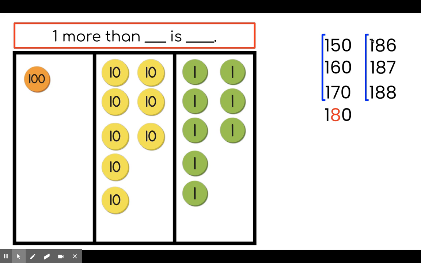You may have noticed that they all have one group of 100, and they all have 8 groups of 10. But the ones are changing each time we add a 1 place value disc. It increases or grows by 1, 6, 7, 8.